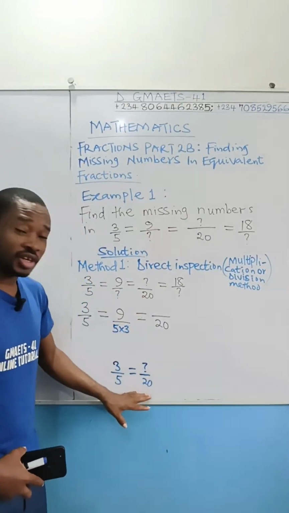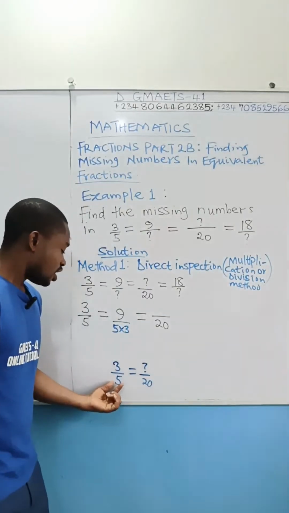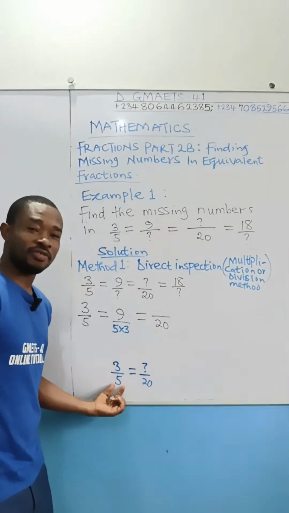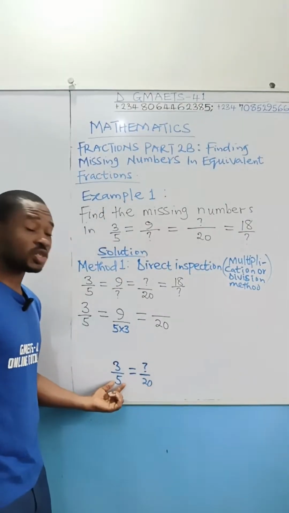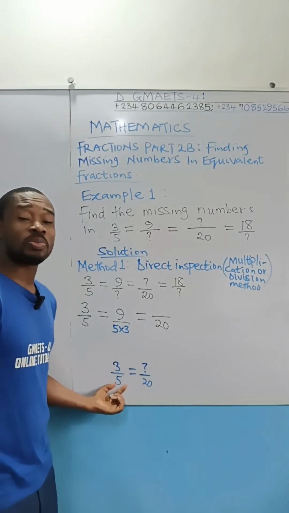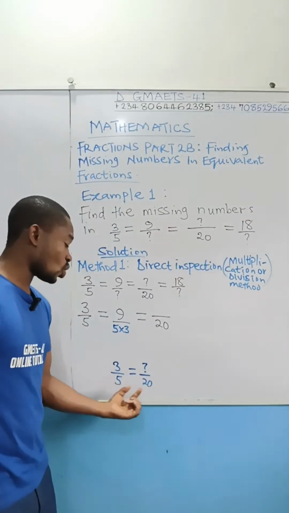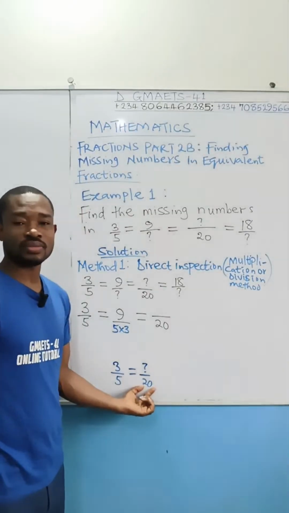So coming over here, if you want to use the multiplication method, ask yourself, 5 is smaller than 20. Which number will you multiply 5 by to get 20?